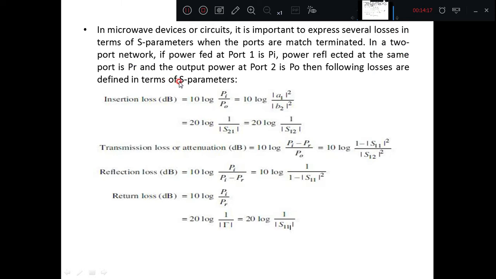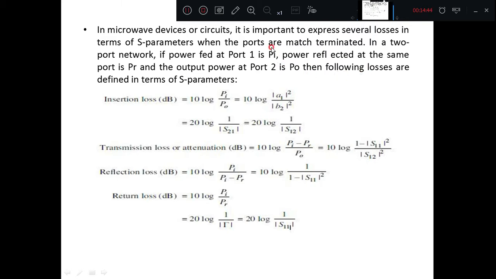Port 1 is on the left side of the device, and at the output of the device there is port 2, where P0 is the power available at the output port.